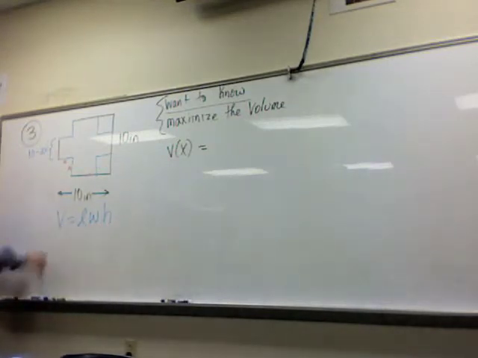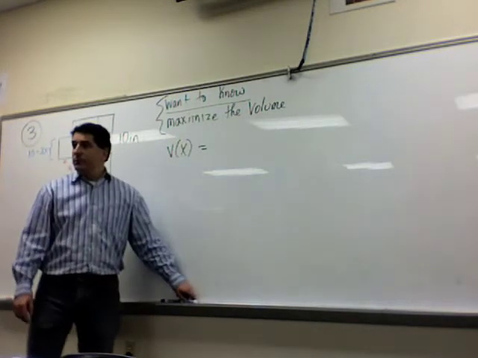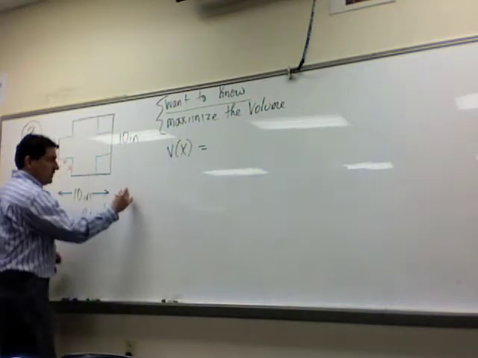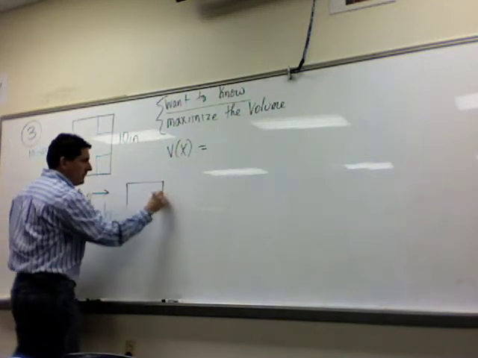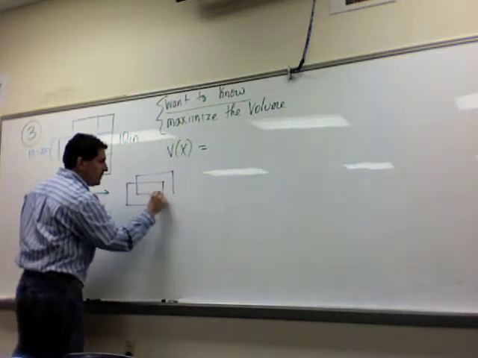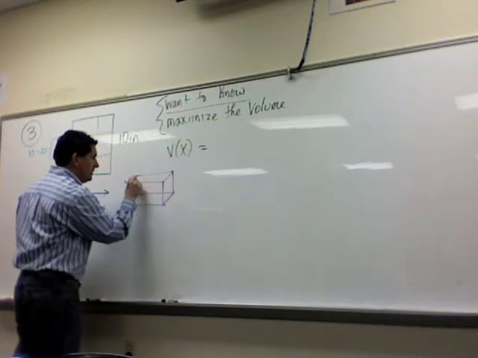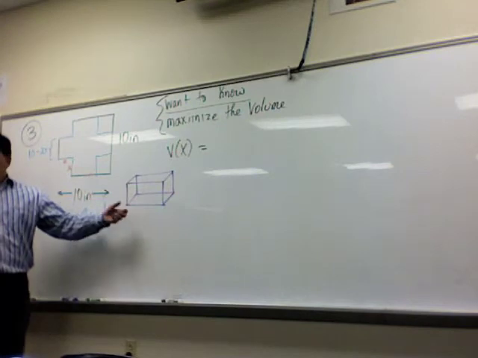Okay, back to the original problem. Now, I don't know about you, but this is kind of hard for me to see, so what I'm going to do is make a 3D model. This is how I would look at this. If you folded all those edges up, you'd get something that looks like this, right?